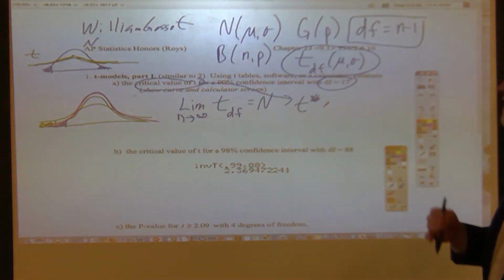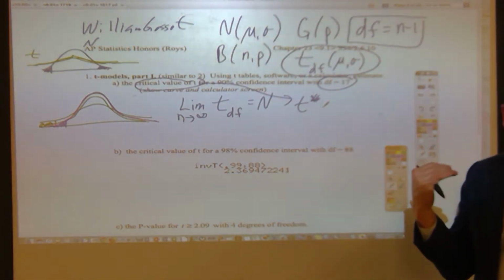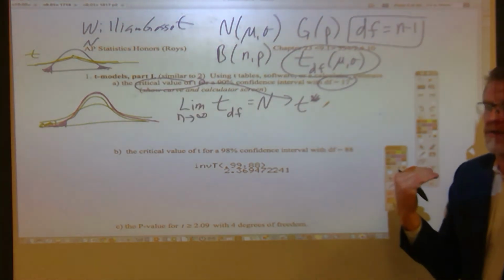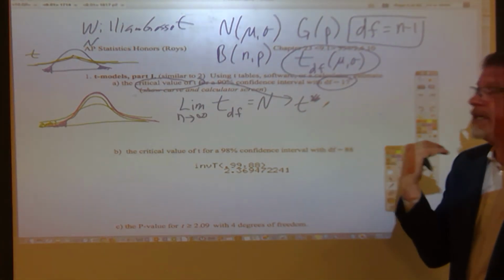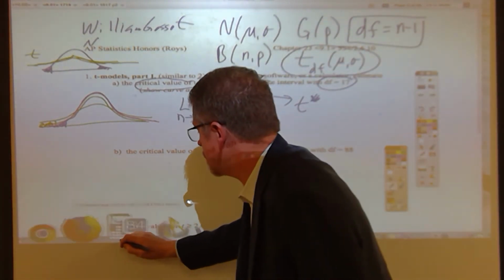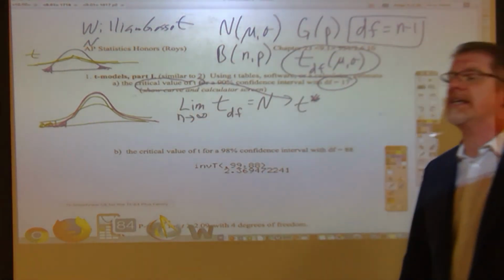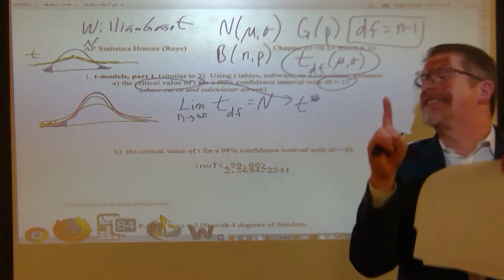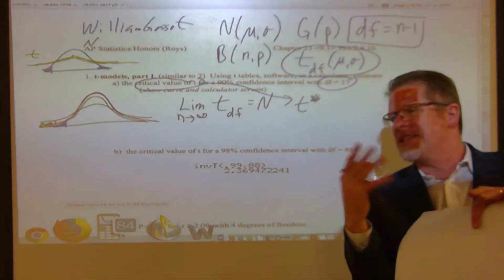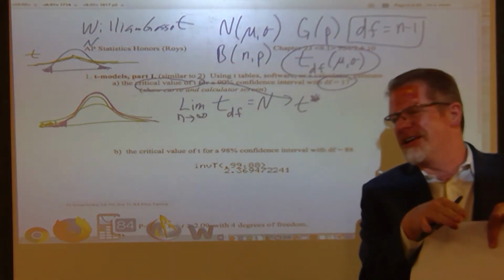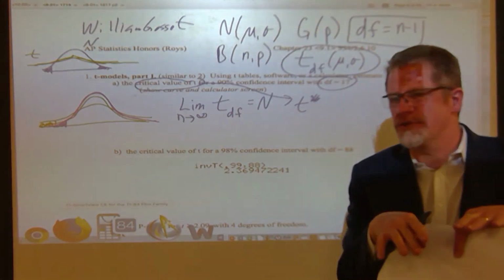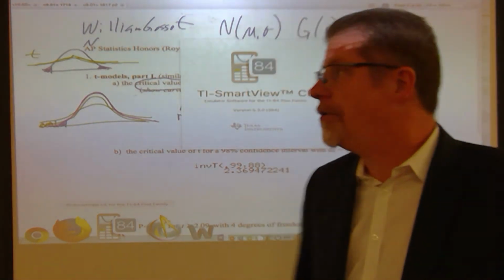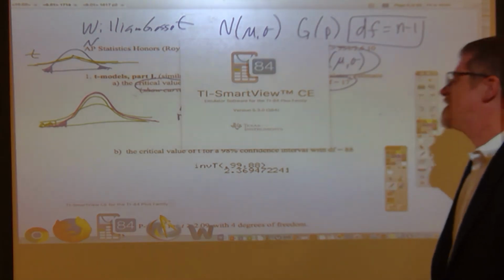And you know how when we found Z-star, we always used which command on the calculator? It was inverse normal. So pull out the calculator. There should be an inverse T command on your calculator. It works just like inverse Z. They call it inverse normal, but it's really inverse Z to get Z star. Even though they call it inverse normal, normal is like Z. Now, we're going to do inverse T.